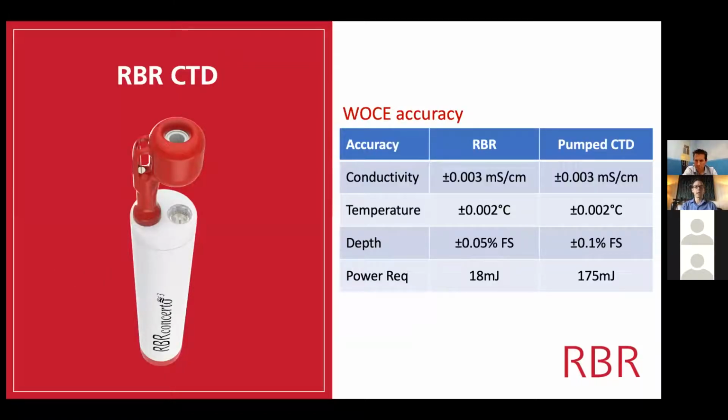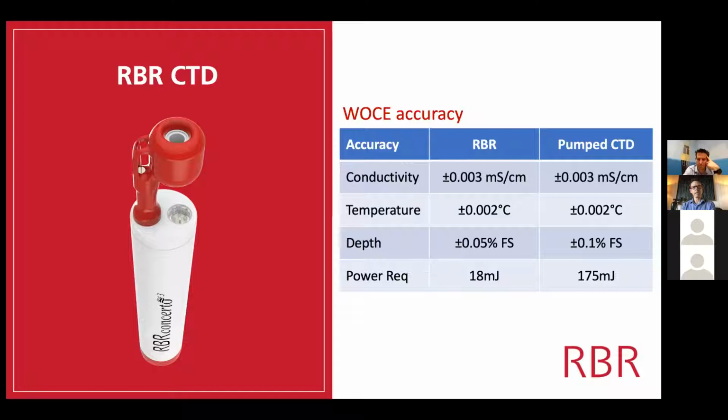This is our now iconic red CTD. CTD is conductivity, temperature, and depth, but the combined one here, that red one that you see, is conductivity and temperature.